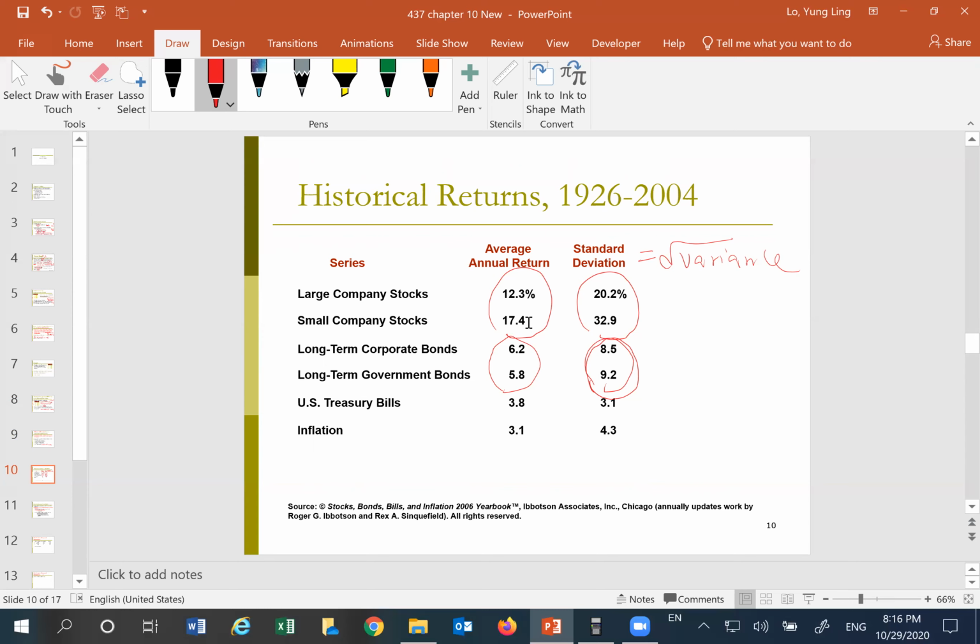And at the same time, they also earn higher real returns than large stocks. So these results prove what we concluded earlier with the risk-return trade-off theory, that riskier assets tend to earn higher real returns in the long run.